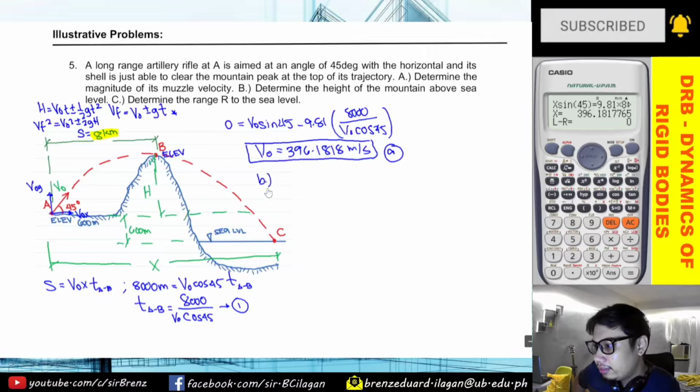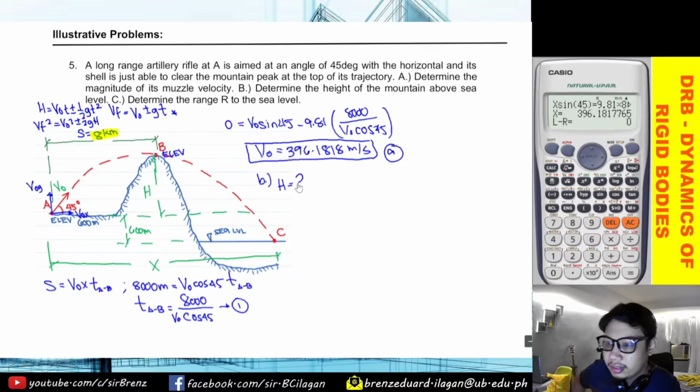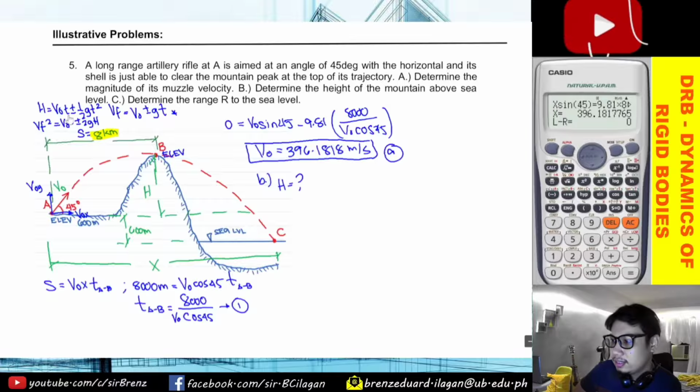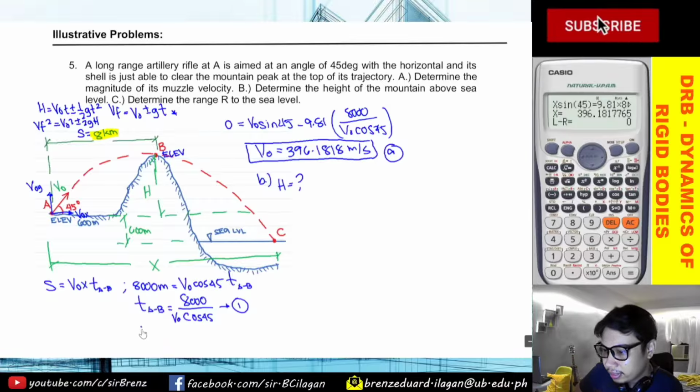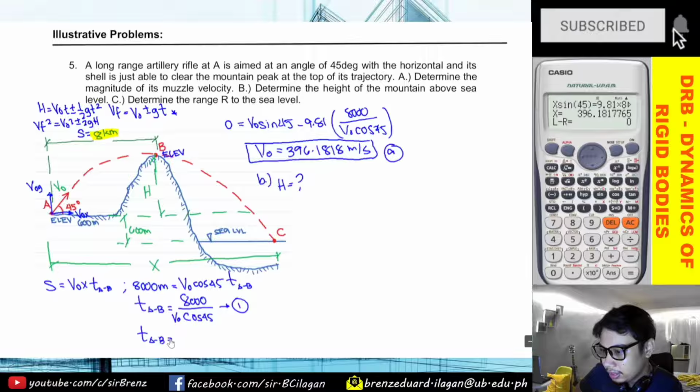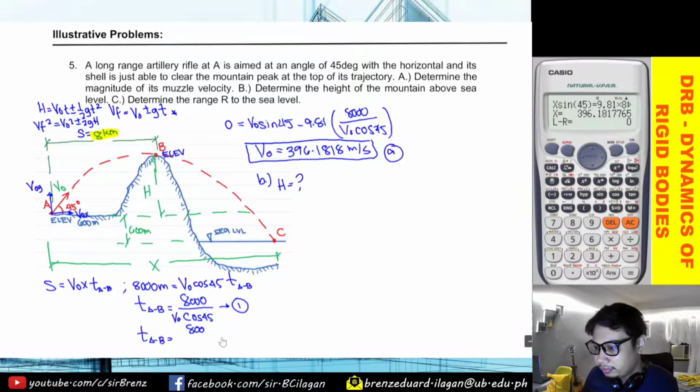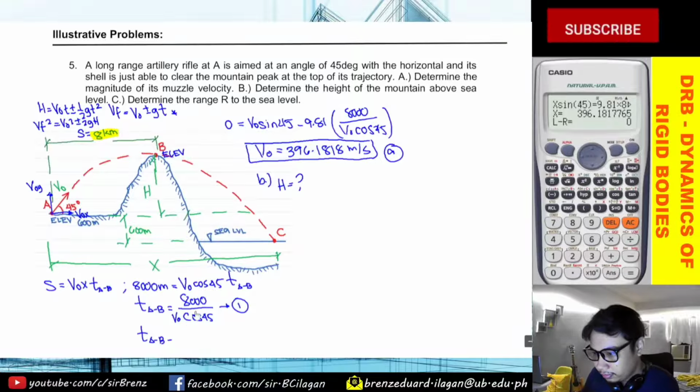So to compute for letter B, we need to solve for H. Okay? And from this formula, since may makukuha na kasi tayong time eh. Tama? From A to B. So substitute lang natin yung value ng initial velocity na 396, diretso na lang natin. Ayan.